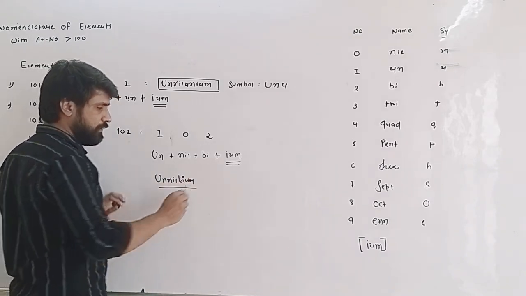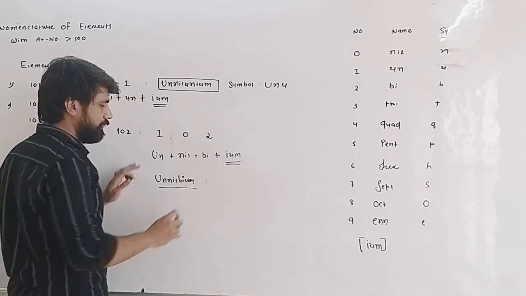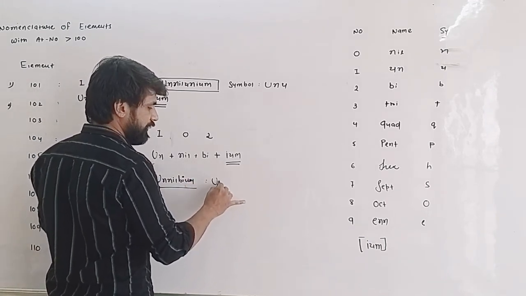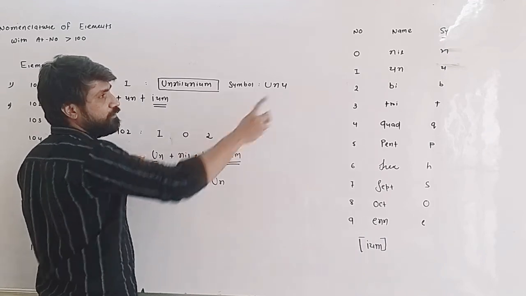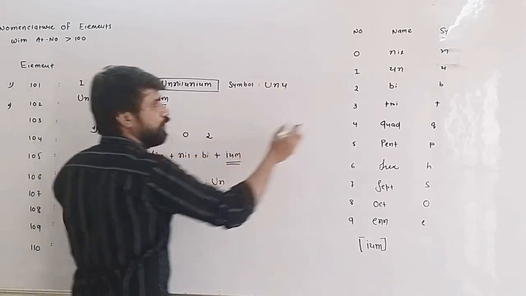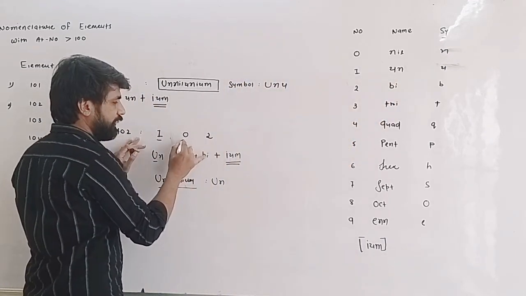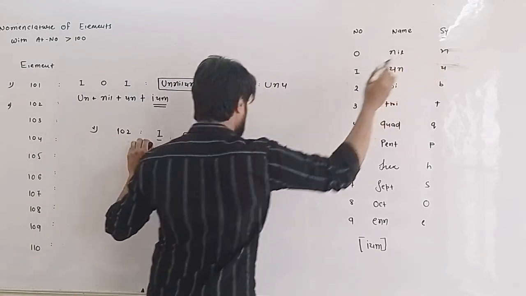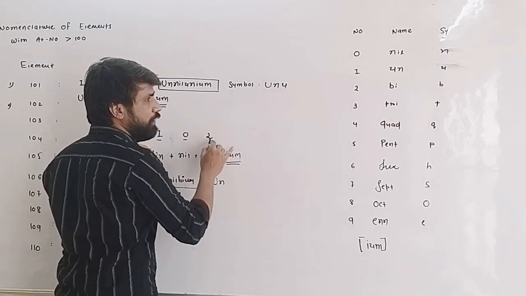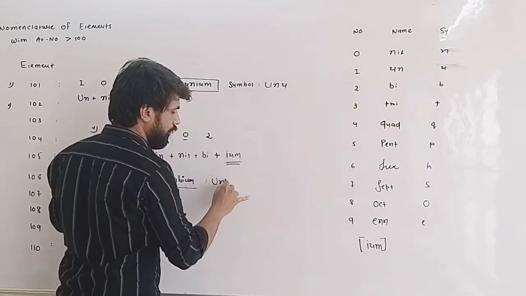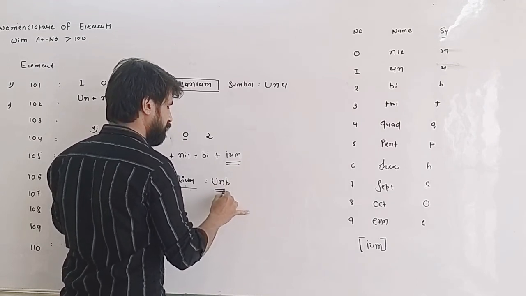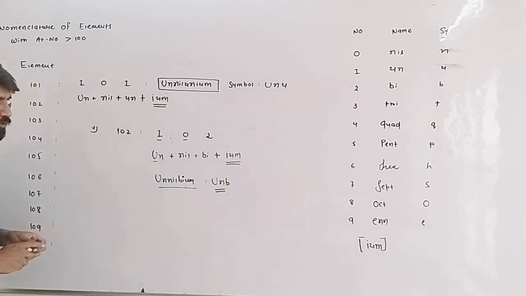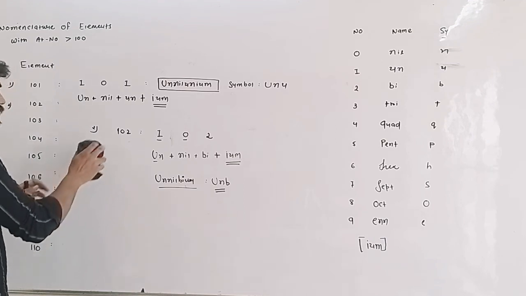That is very simple. Okay, what is the symbol for that? Fine. First having a symbol, what? One having the symbol U. Zero having the symbol what? N. So here it is N. Two having the symbol what? B. So U-N-B. That is the symbol of that. Is it okay? So now we are going to note it properly.